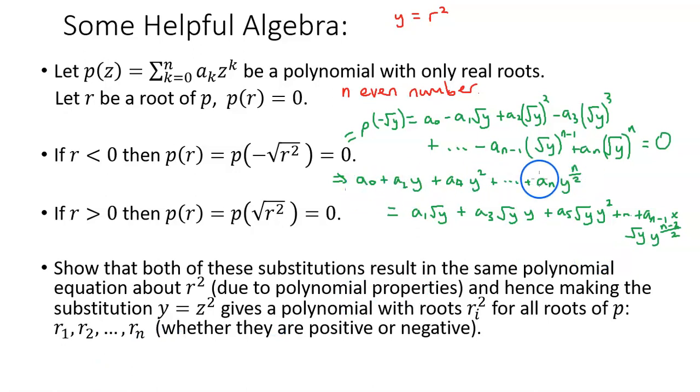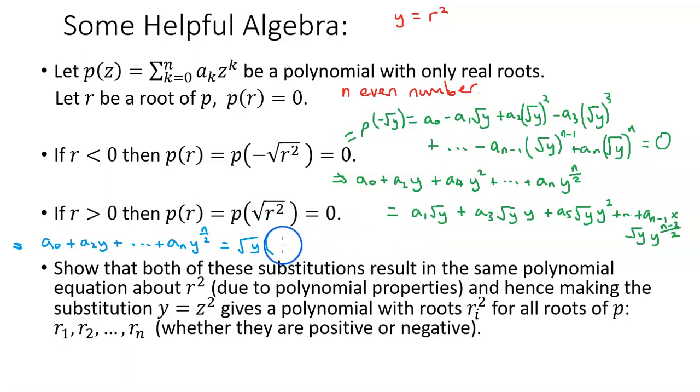And then let's just write out what we have here. So we have a0 plus a2 y plus, and then it goes all the way up to a n y to the power of n divided by 2. And then this is equal to, and on the other side we can actually factor out square root of y here.